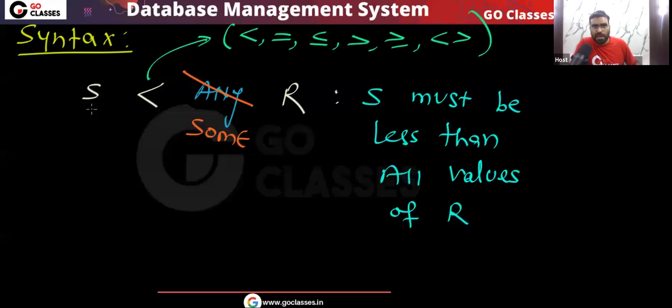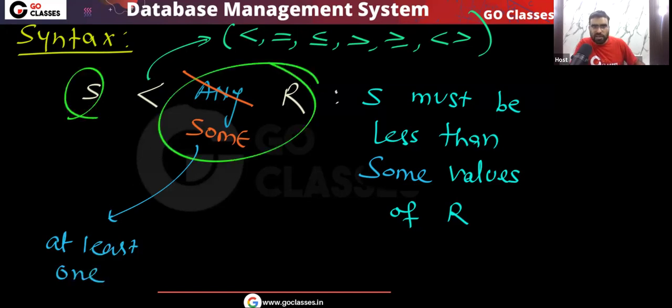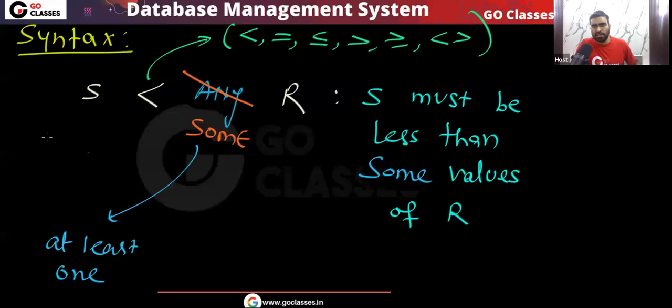Now you tell me, S is less than some R means S must be less than some value of R, at least one value of R. Some means at least one. Yes or no? Is this clear? Please tell me.